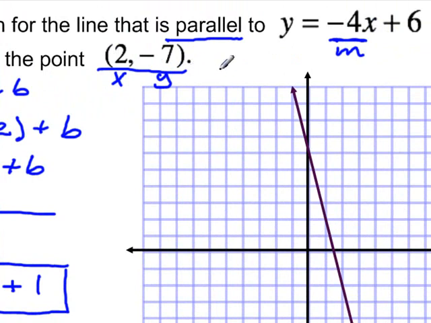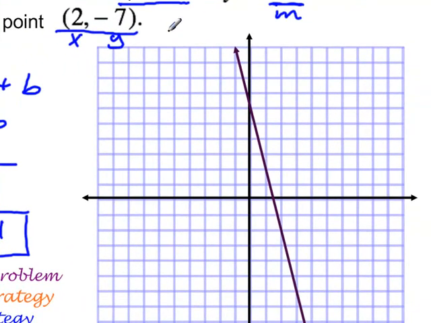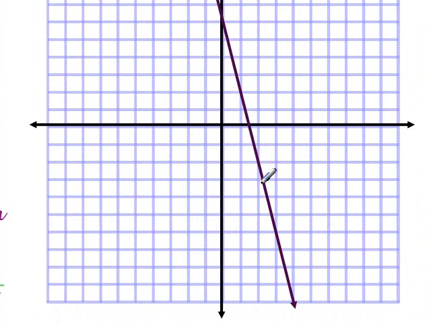Now let's verify that by solving it another way, which is graphically. So using the graph given, let's start by plotting this point, (2, negative 7). We'll count over 2 on the x-axis and down 7 on the y.